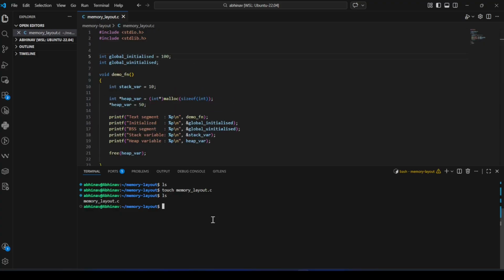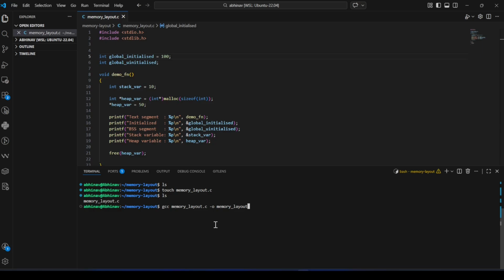Let's see what happens when we compile it. We compile C using the GCC compiler, and we write the .c file and the output.